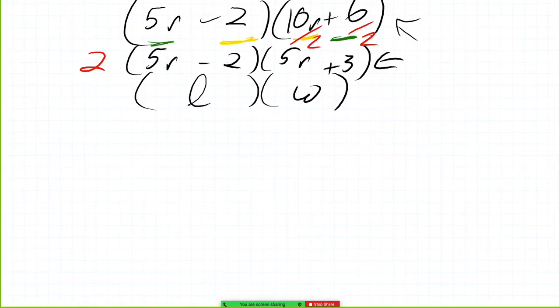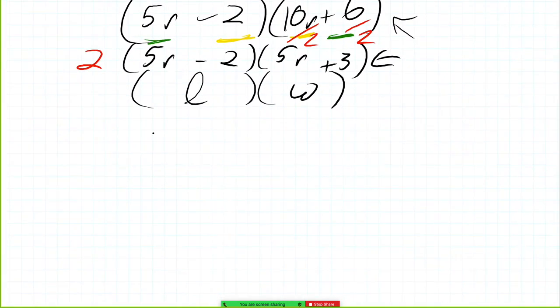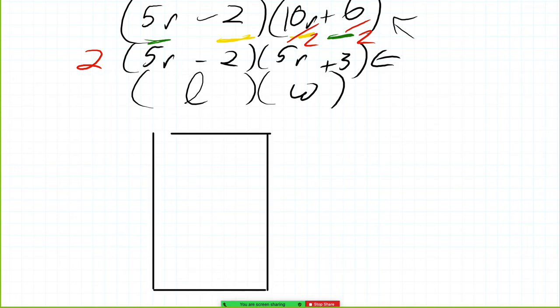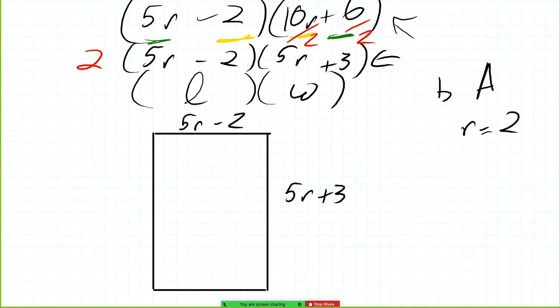So let's build up our rectangle a little. Now, assuming that R is always going to be a positive value, 5R minus 2 would probably be the shorter side, where 5R plus 3 will probably be the longer side. Question B says, what's the area if R is equal to 2? So we just have to substitute in for R and calculate the area.